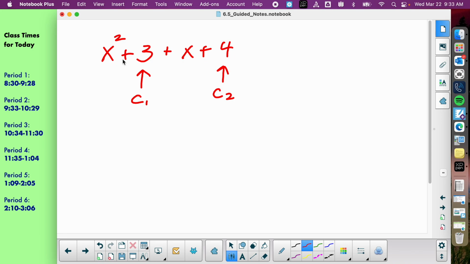Nobody would ever write x squared plus 3 plus x plus 4. They would write x squared plus x plus 7. They would combine these two regular numbers together. So the main reason you don't write multiple c values is because you would just put them together anyway. You just would have a single plain number added at the very end. Again, plus it would be way more difficult to find that actual answer.